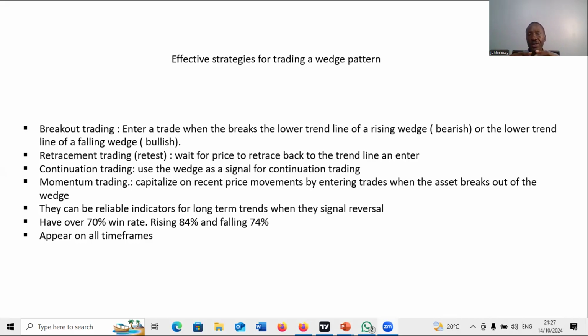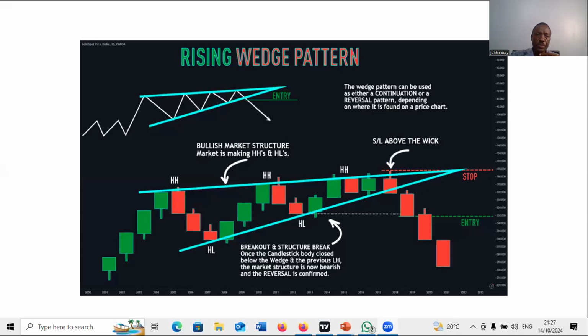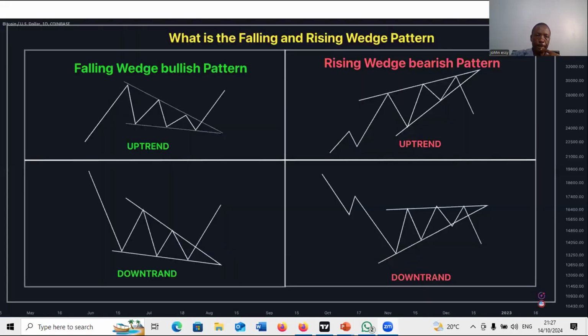Then we have a falling wedge on an uptrend. It gives you a continuation of the trend. Okay. Now, what I'm trying to explain, you will simply get it on this chart here.